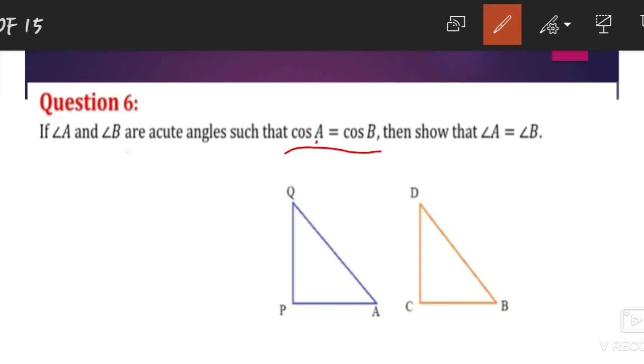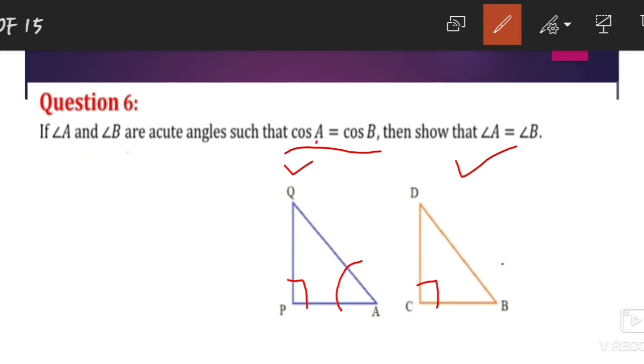So I am considering two triangles. One is PQA, another one is CDB or BCD. As you can see in both the triangles, angle P is 90 degree, angle C is 90 degree. Here in the PQA triangle, I am considering A as the acute angle.